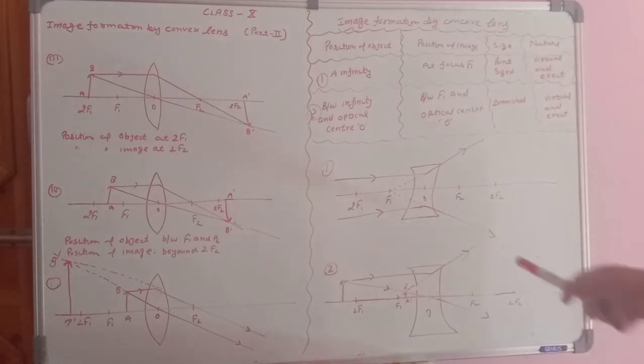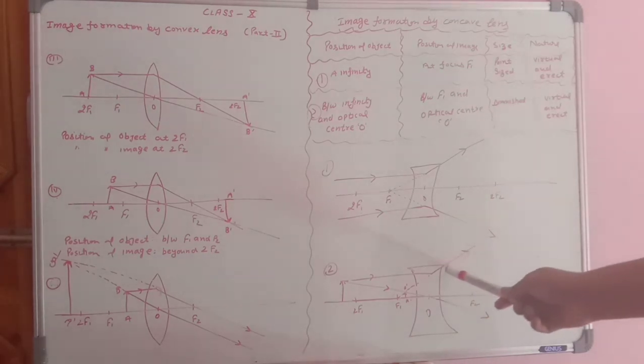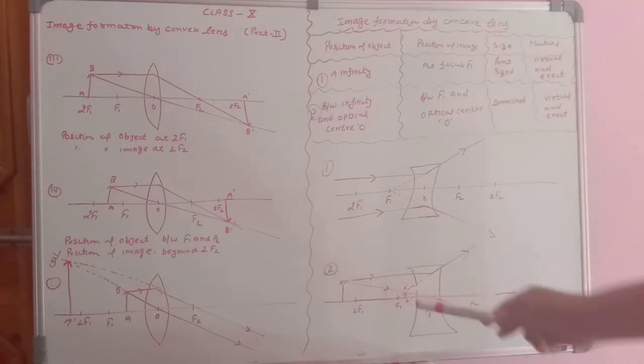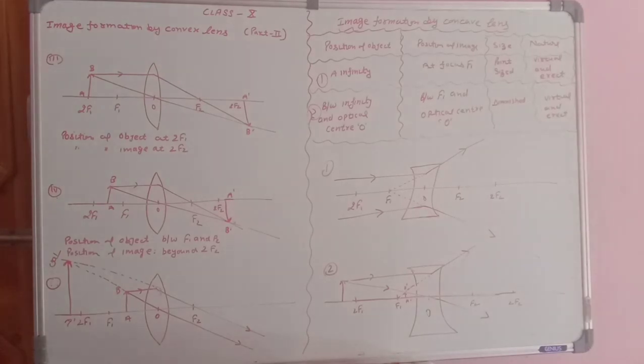Nowhere. So I am producing only one ray back. Students, dotted lines mean the ray is produced back. The real lines I have denoted with dark lines, and the imaginary lines, which are produced back, I have drawn with dotted lines. This ray is produced back, that's why it is dotted. Both rays are cutting each other at this point, so this is the formation of the image. I have given this point the name A dash B dash.